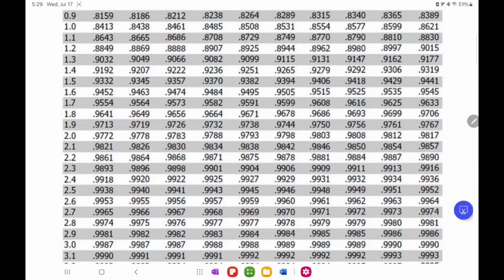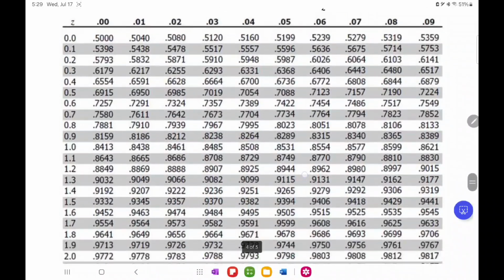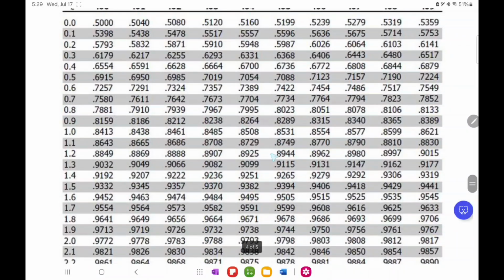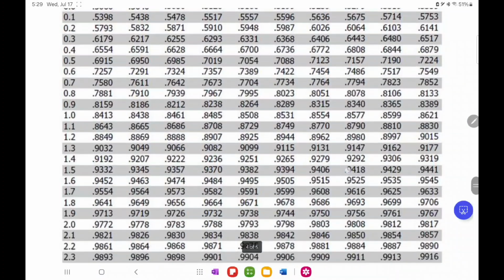So let me pull up the pen here. All right, so 2.8 is located here. So 2.8 is here, and 0.05, the second decimal, is here, right?